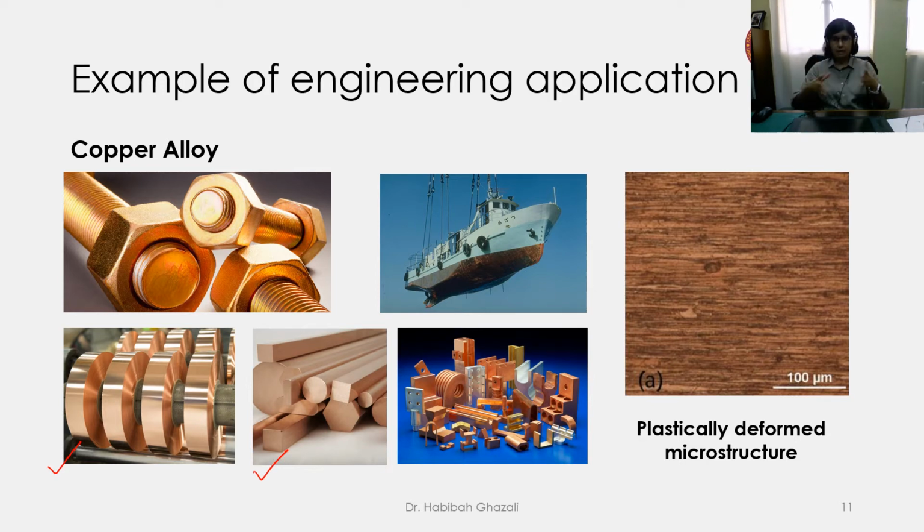So it has grains that have been elongated like this. You can see that the elongation is according to the direction of the rolling process. So this is a microstructure of a copper alloy that has gone through the rolling process. So this microstructure is anisotropic.